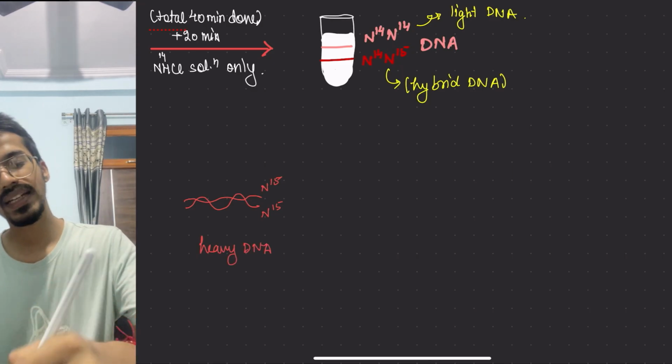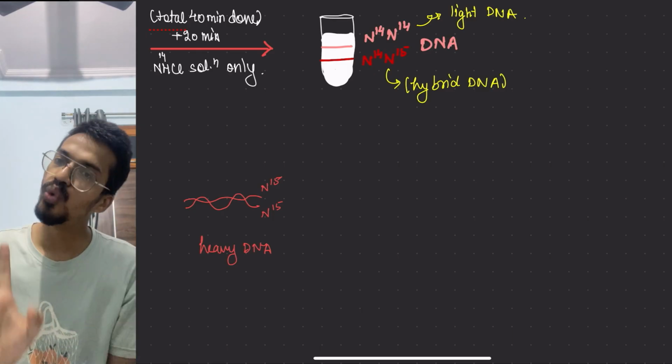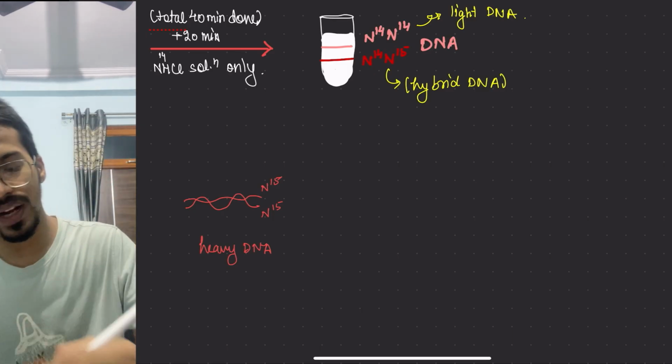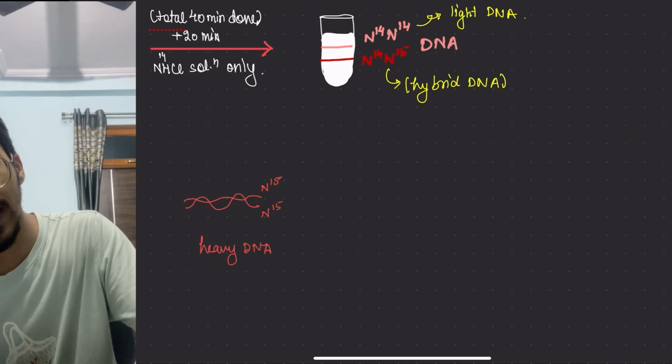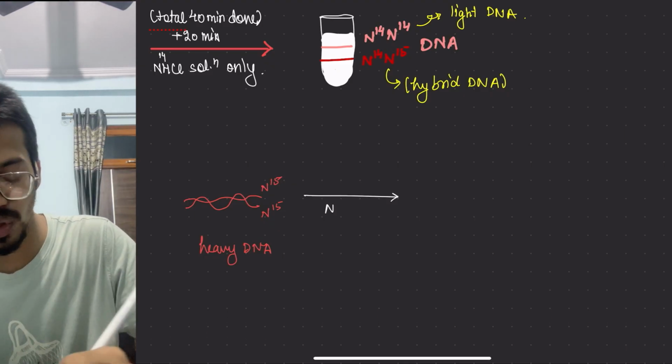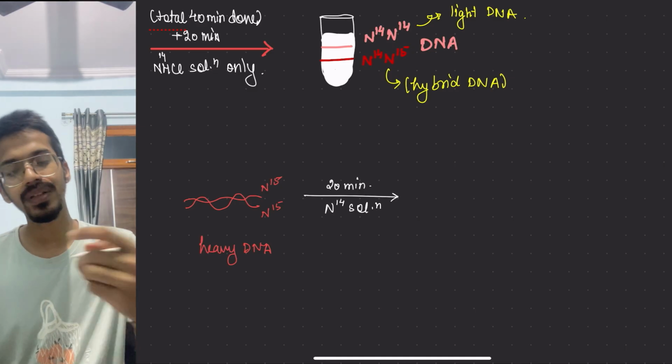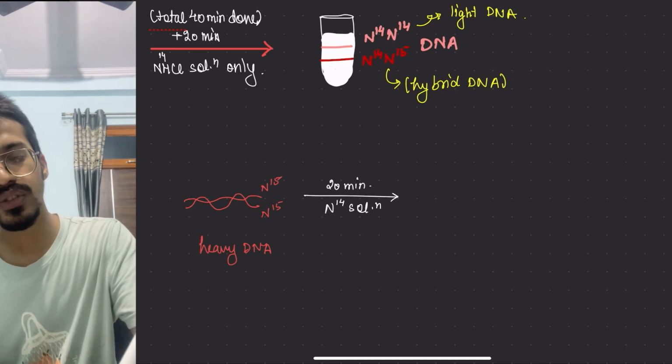Now basically what is happening? You know that each strand will grow its own counterpart. That's how it is going to make the next one. So when you put it in the N14 solution, after 20 minutes, what will happen? This thing will change.